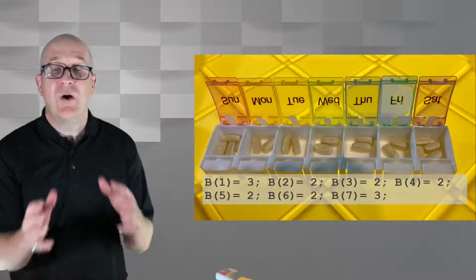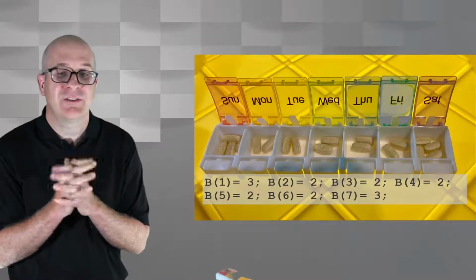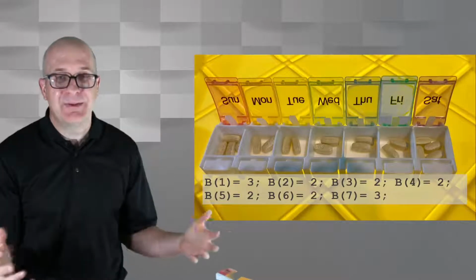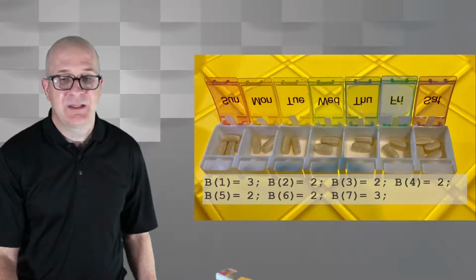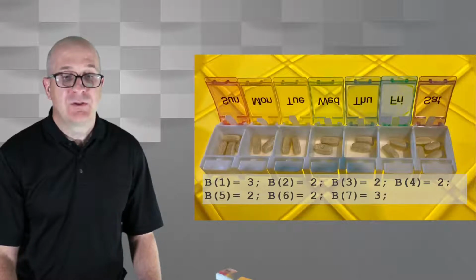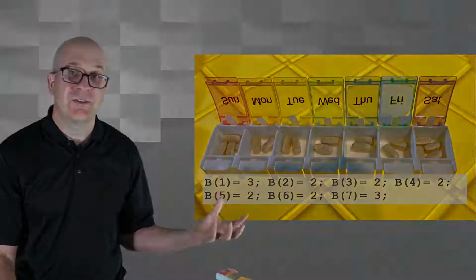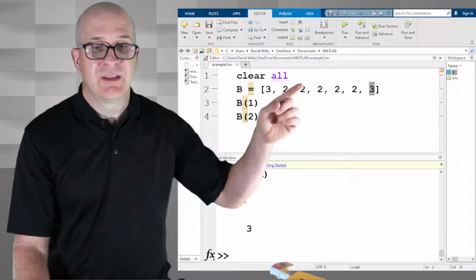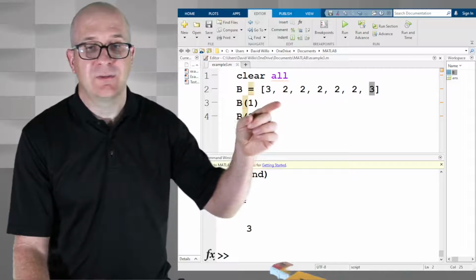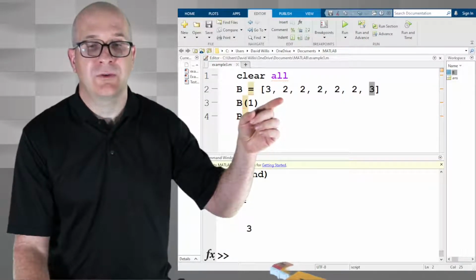Once we know how to access those entries, we can also update or enter values that way. Remember we had the ability in MATLAB to enter values all at once as a vector. So over here, there's my vector: 3, 2, 2, 2, 2, 2, 3.